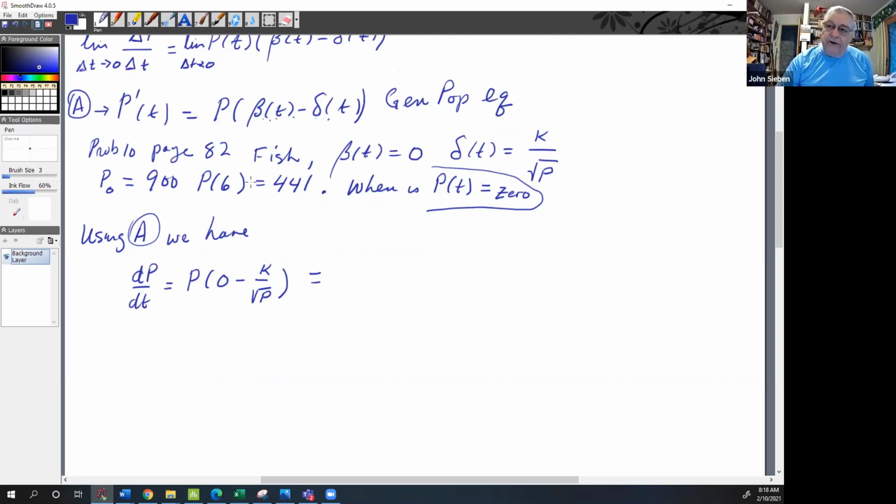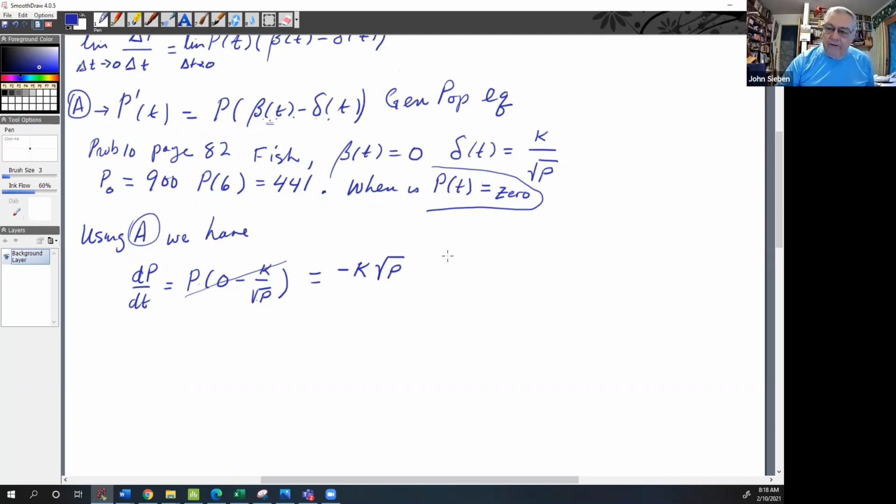And of course, I put the 0 in to remind us that the birth rate is 0 in this problem. So this is equal to negative, and I've got a P over the square root of P, which is just root P. So this is negative k square root of P. So that's my original differential equation. dP/dt is negative k root P.